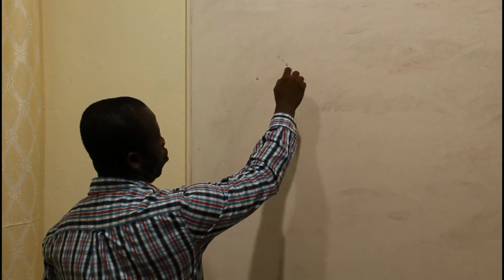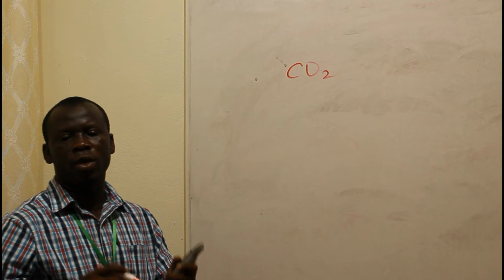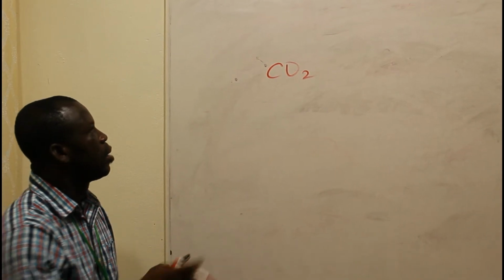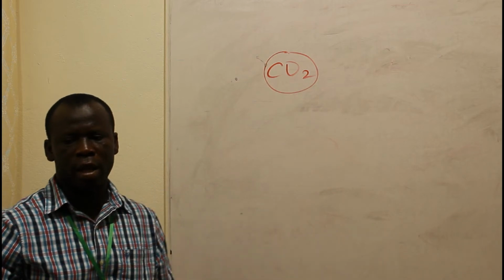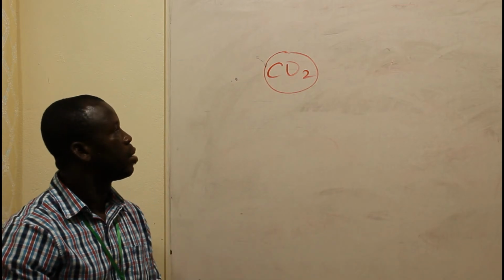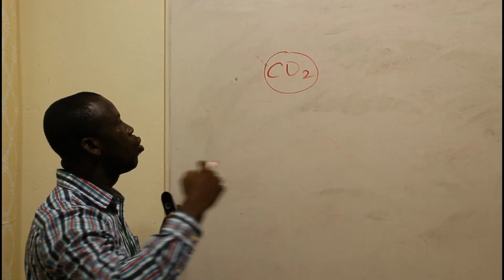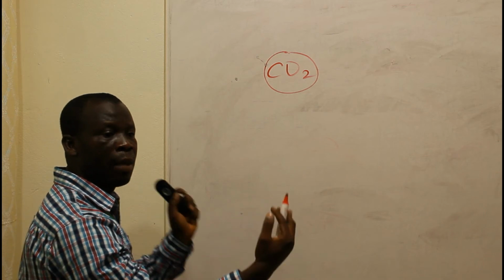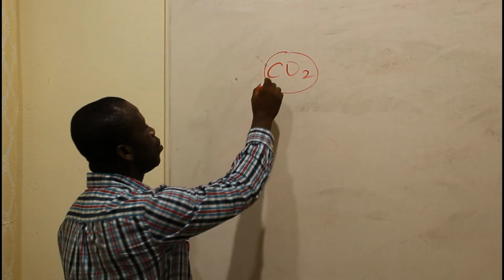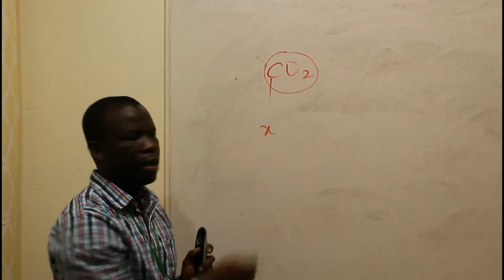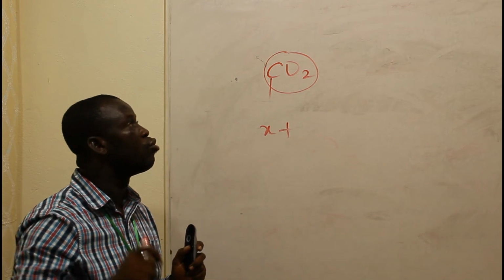For example, with carbon dioxide, what the rule is telling us is that this is a neutral substance. It means that there's no charge associated with this compound. So the total oxidation numbers, when we put them together, should be 0. Now let's assume carbon is X, and oxygen is not X this time. Oxygen is known.